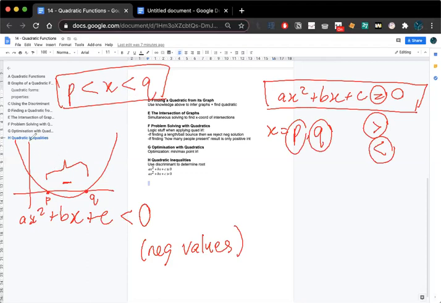Well, this part is where the values are positive. So if they ask for something like ax squared plus bx plus c greater than 0, that means this is negative values, and then this is positive values.